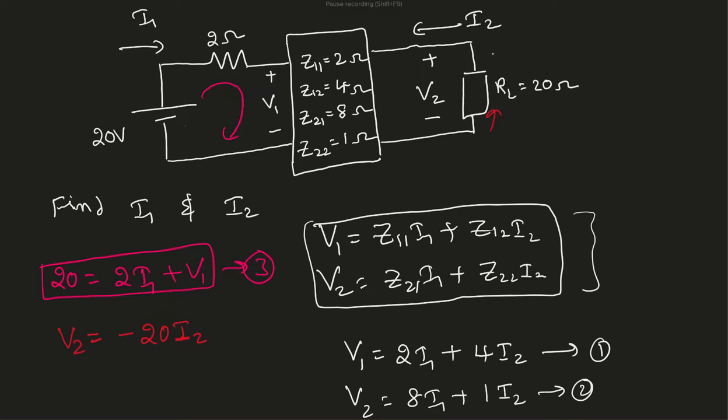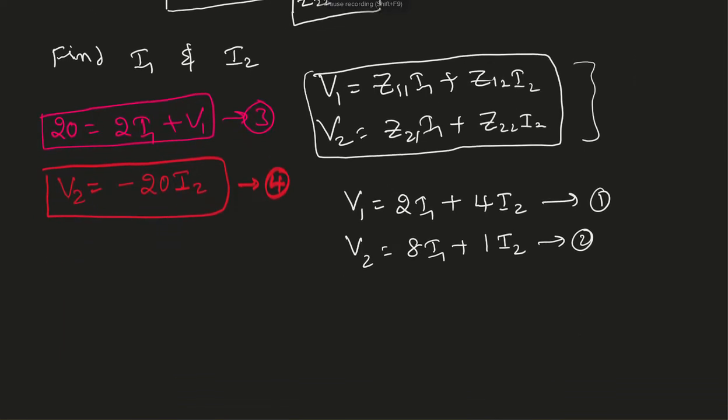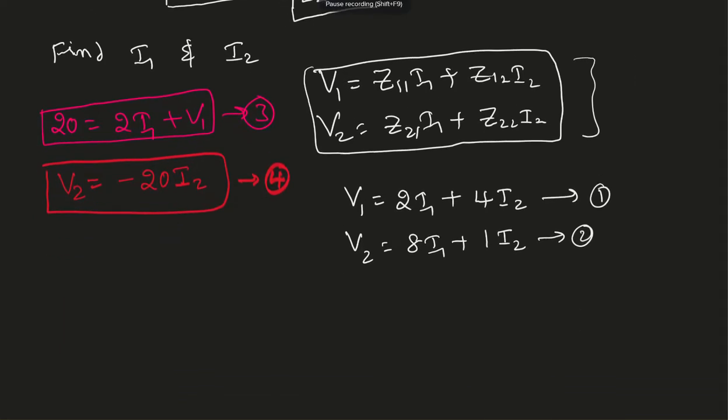If I2 is entering here, I2 is leaving there, so it must enter there. So this must be positive, that must be negative. But your V2 is on the opposite side, so that is the reason we have negative there. Most of the time we make a mistake at that point. So here I have 4 unknowns, 4 equations. From here onwards, it must be a simple one, solving those 4 equations.